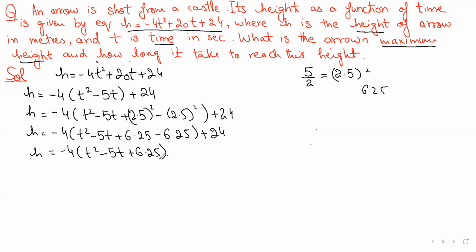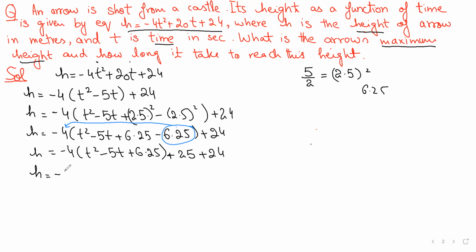Because I'm pulling negative 6.25 outside the bracket, I have to multiply it with what is written outside the bracket, negative 4. So when I multiply negative 6.25 with negative 4, I will get positive 25. And 24 is already here.